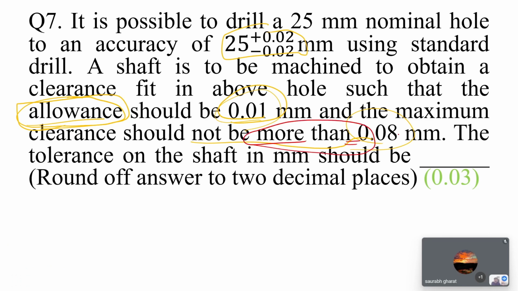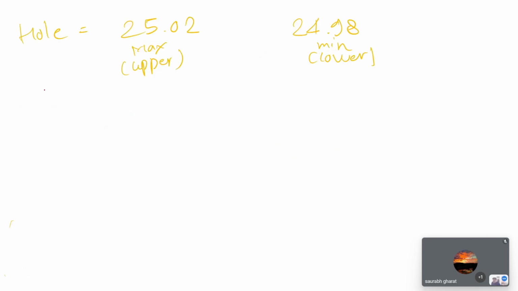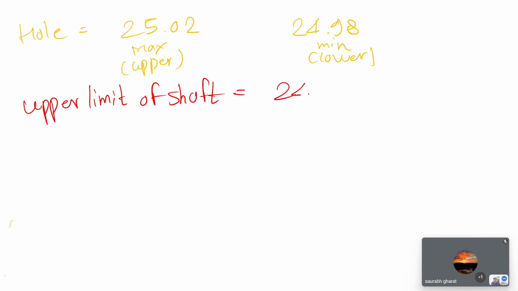So how can we solve that now? For the upper limit of the shaft, what we have is 24.98 minus 0.01, which must be there. That allowance must be there. So how can we do that? You are trying to find the upper limit of the shaft, and what we have is the lower limit of the hole.